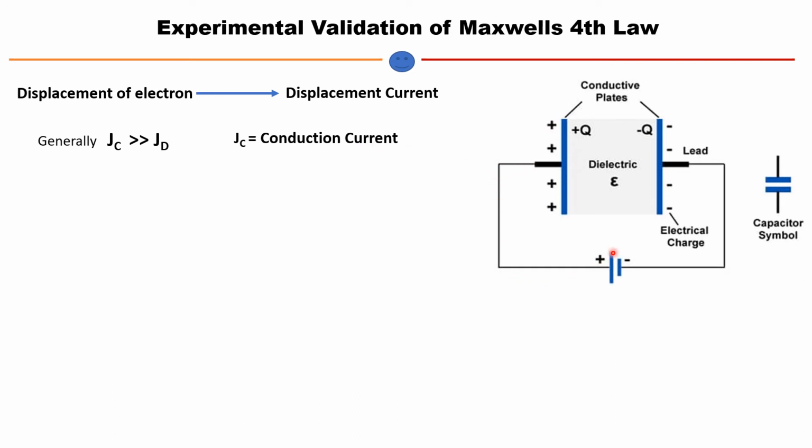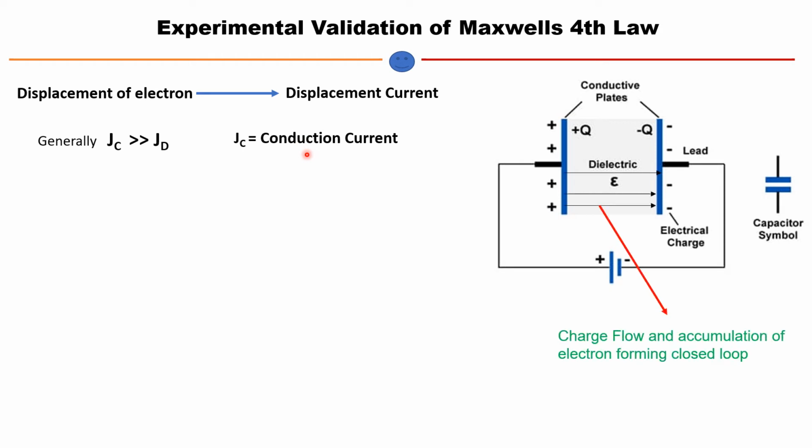So we have a battery and a capacitor plate, and the charge Q is flowing. From the negative terminal, charges are flowing out, and plus charges are accumulating on the other plate. Generally in a circuit, the conduction current is very much greater than the displacement current. The charge is flowing, so the electric field will be directed from there to there, forming a closed loop.